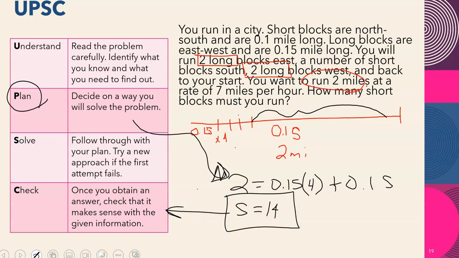Does 14 make sense? So going back up to our little drawing here, let's see if 14 works. We have 4 long blocks, which give us a total of 6/10ths of a mile, which means that our small blocks, however many we're running, need to add up to a total of 1.4 miles.